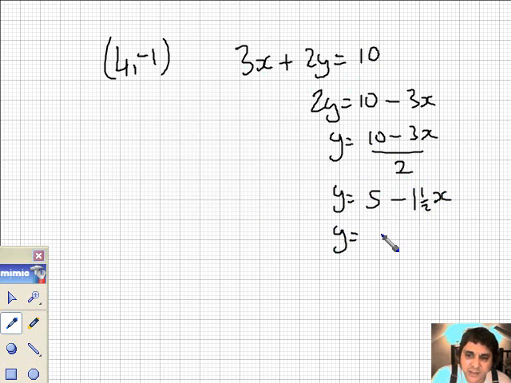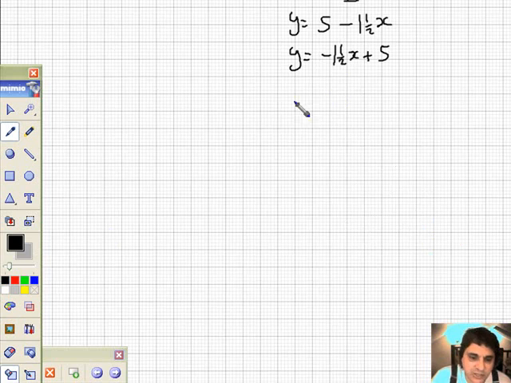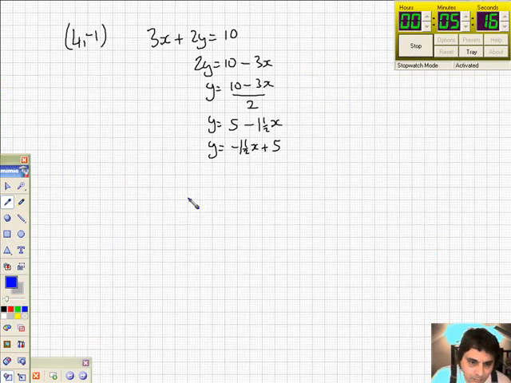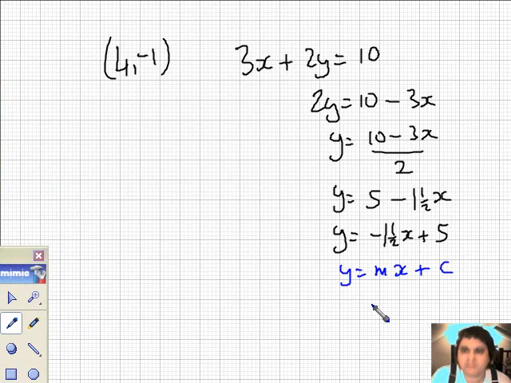Arrange it even nicer: the gradient, minus 1.5, times x plus the 5. That exactly matches y equals mx plus c. There's your m, minus 1.5, and there's your intercept, c.